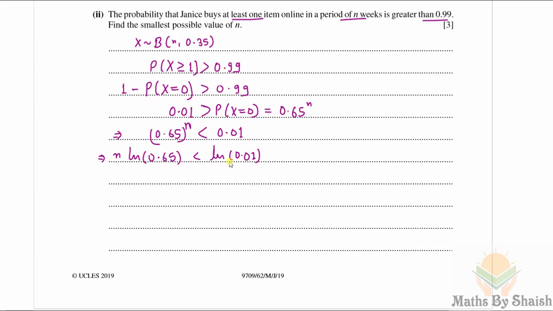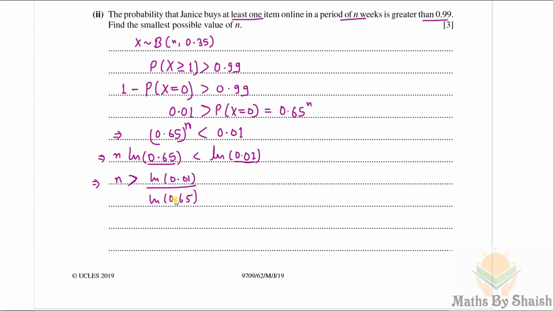Now we can find n, but we need to be very careful because this value, 0.65, is less than 1, and we know that the log value when it is less than 1 is always negative, so the sign will be changed. So n is going to be greater than ln 0.01 over ln 0.65.